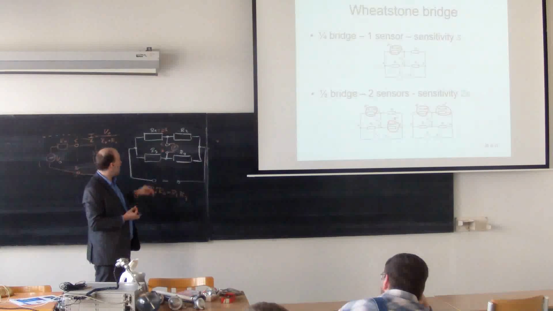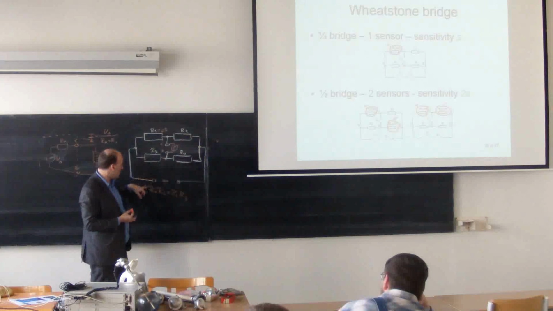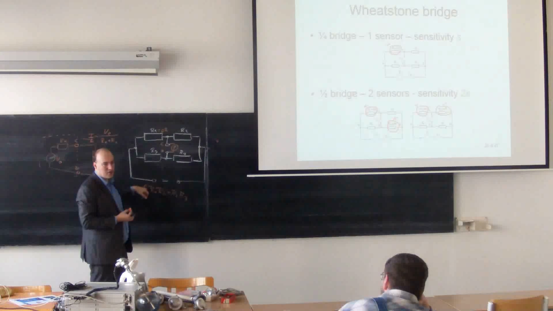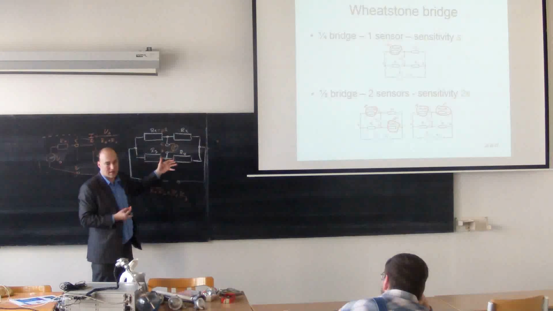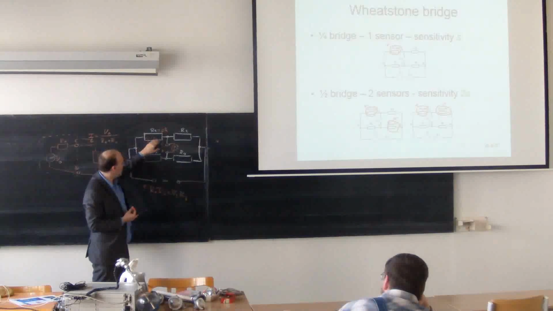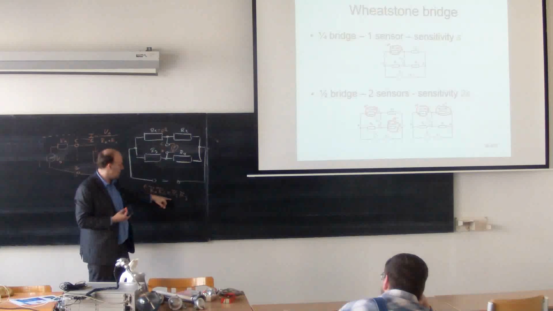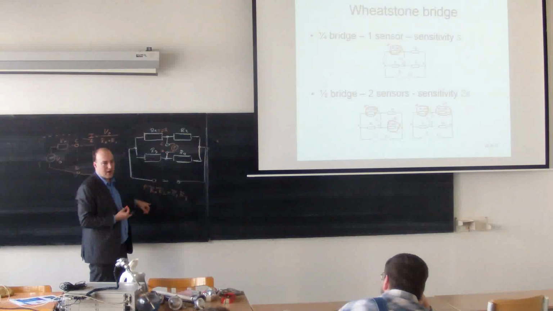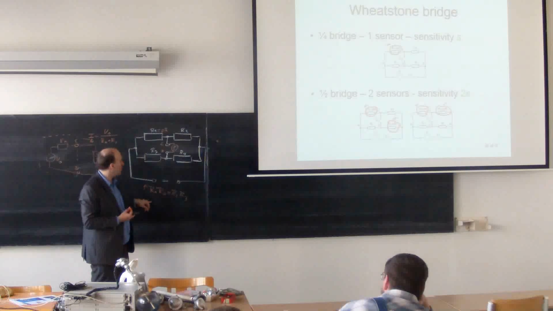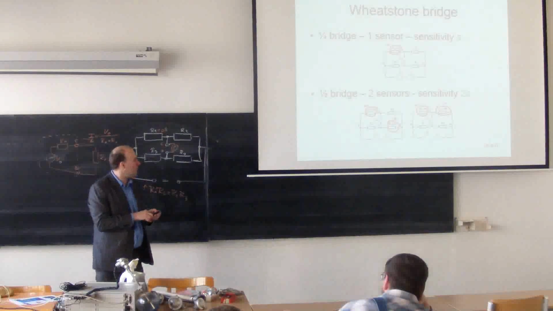So if my sensor is increasing its value, for example, increasing electrical resistance with temperature, and the second sensor is doing the same, I have to connect them on the same side of the equation balance. So that's what's shown here on the left page.